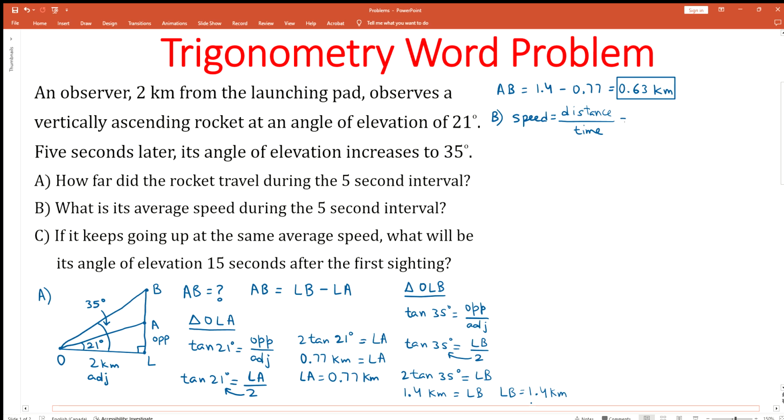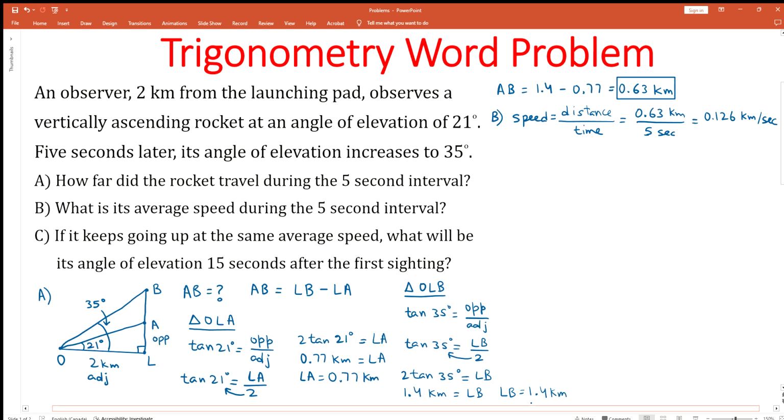During those 5 seconds, the rocket traveled from A to B, which is equal to 0.63 kilometers, and the time is 5 seconds. 0.63 divided by 5 is equal to 0.126, and the unit is kilometers per second. This is the average speed of the rocket during the 5-second interval. This should be the final answer for part B.